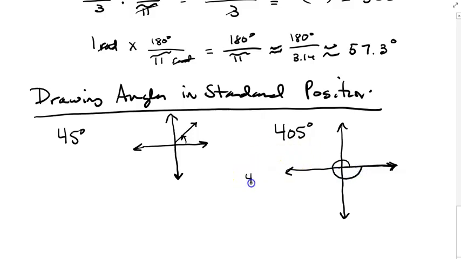Oh, so now we need to figure out what's 405 minus 360, and then go an additional 45 degrees. So if you did not show the movement of the rotation on your paper, they would look exactly the same. They're not the same angle. Clearly, 45 degrees and 405 degrees are not the same angle.